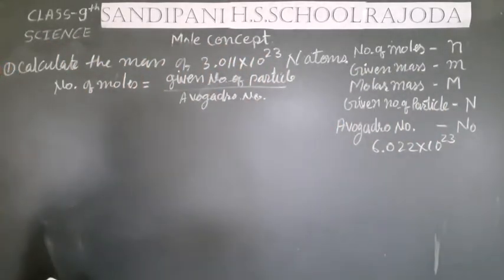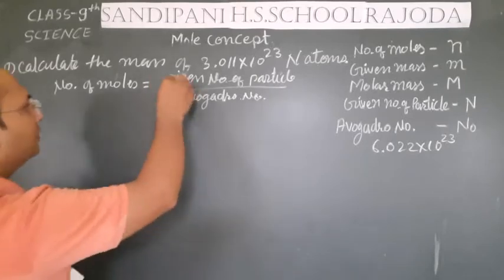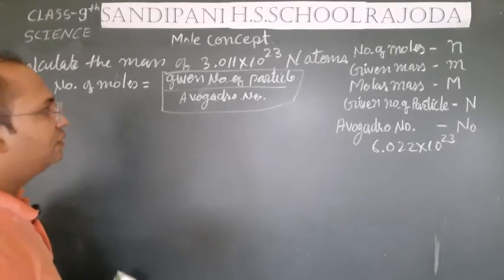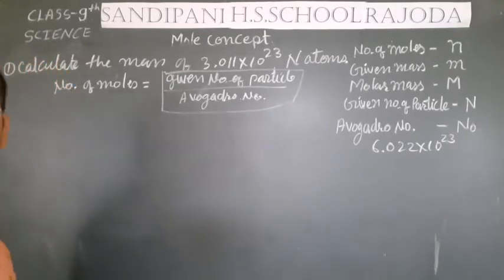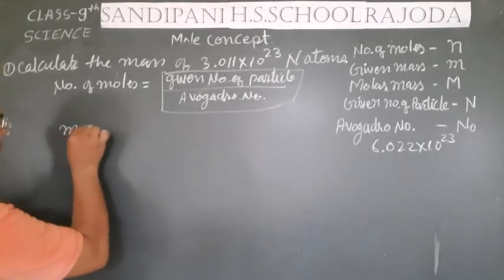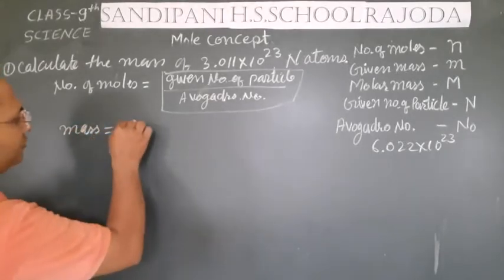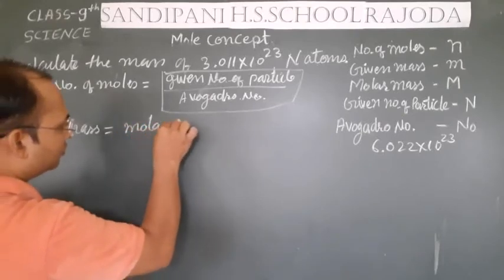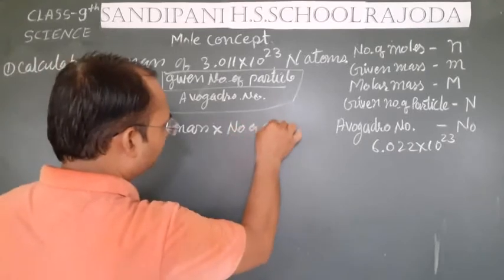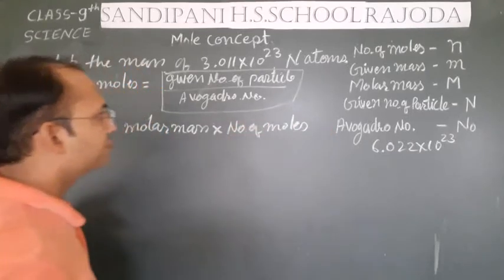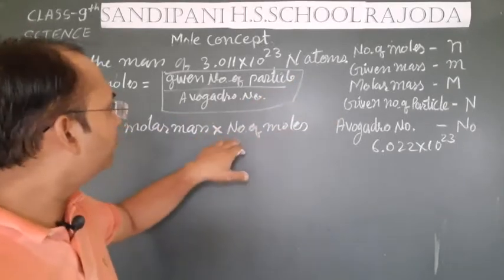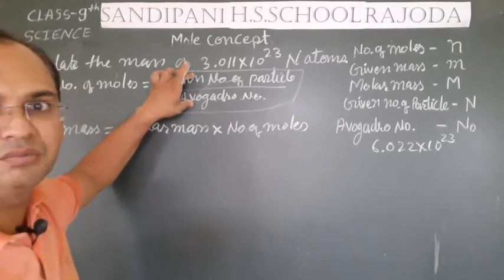So here, students, this will give us the total number of moles, and the formula that we just used in our previous question, that is mass is equal to molar mass multiplied by number of moles. So the molar mass of nitrogen is 14, and this will give us the number of moles.